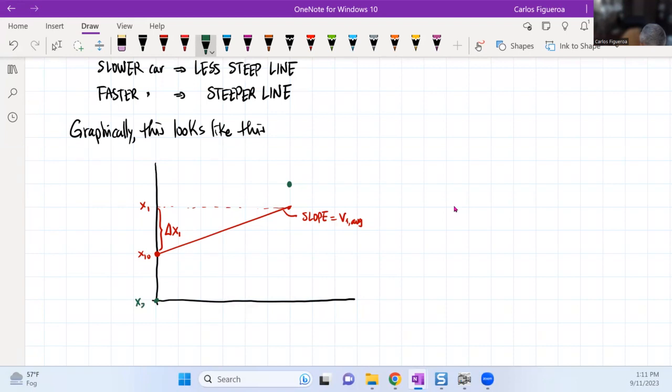Now, for my green car, that's going to be my x2 value here. When I look at this slope, you can see right away that this is clearly a steeper curve. Why is it steeper?